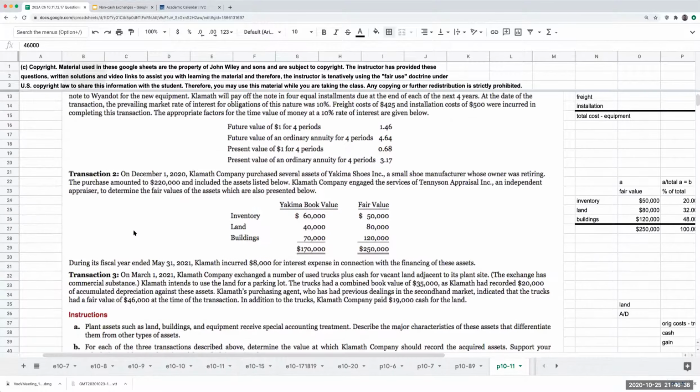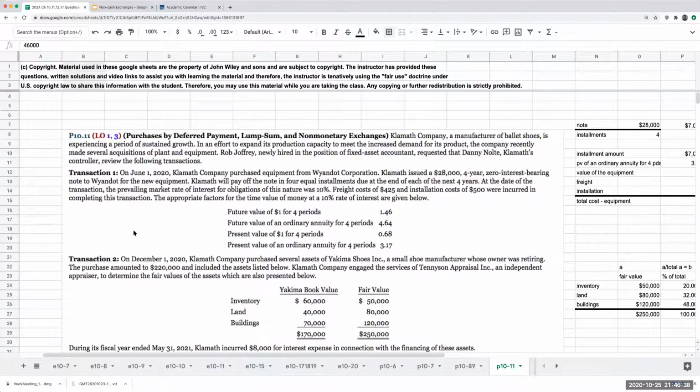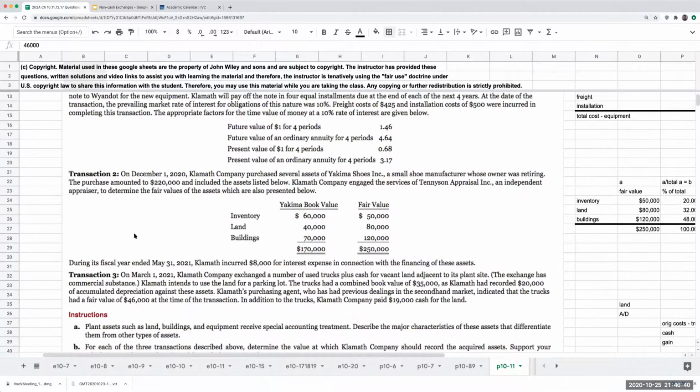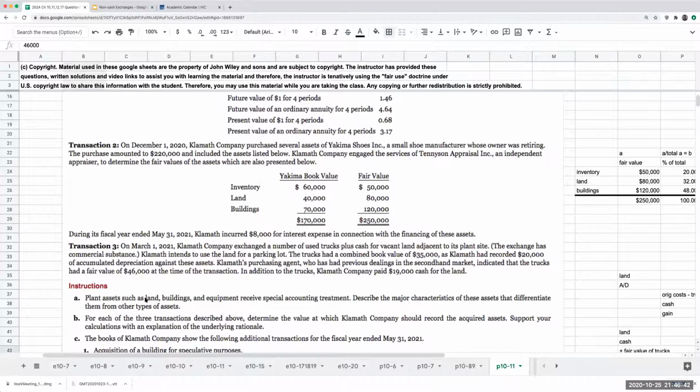And then let's go back up here because I skipped the very first part of the question, which is: plant assets such as land, buildings, and equipment receive special accounting treatment. Describe the major characteristics of these assets that differentiate them from other types of assets. We're using them in our operations for long periods of time.